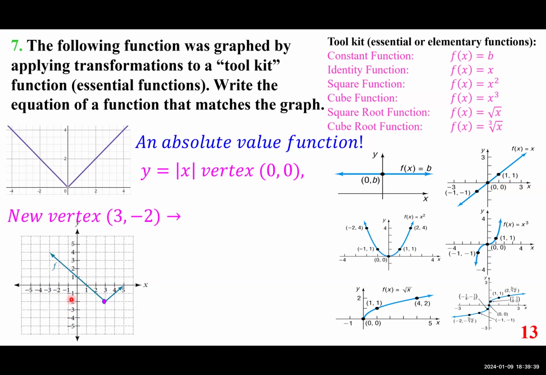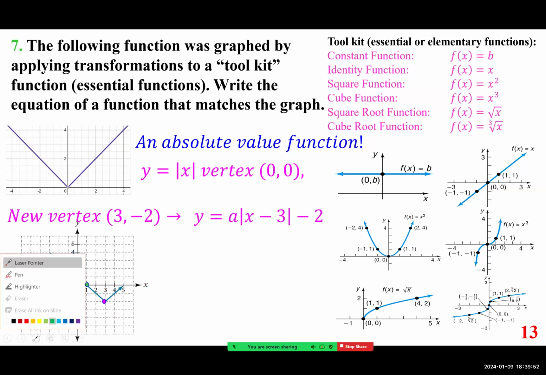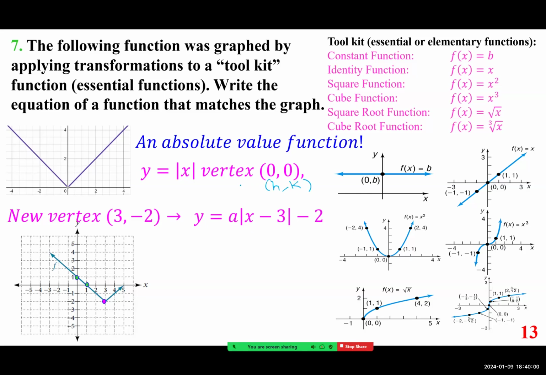In this case, it is a times the absolute value of x minus h, plus k. If we have h and k as the vertex, this is what we wrote for a parabola.